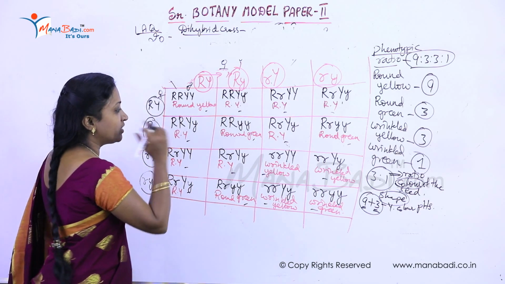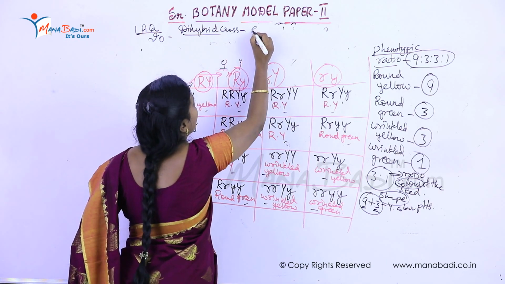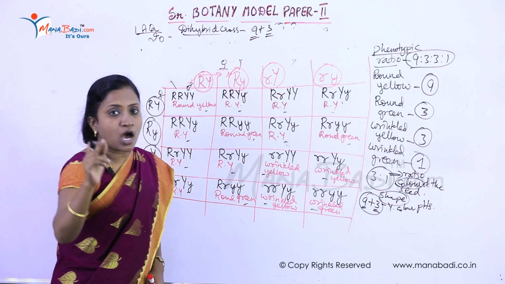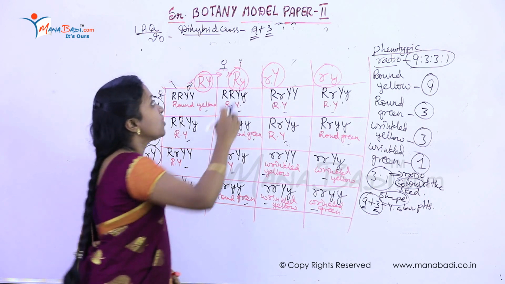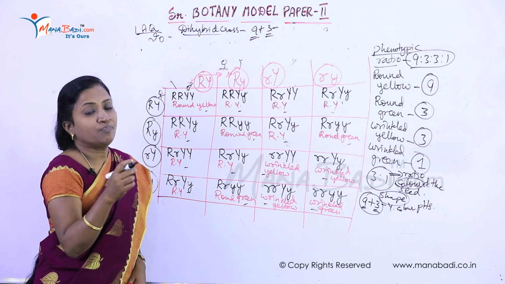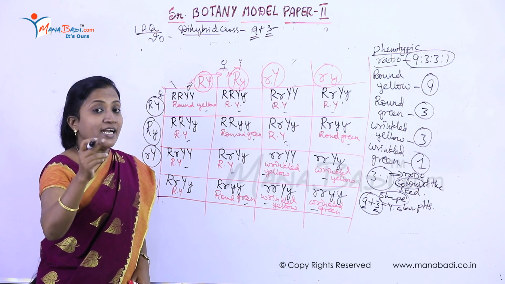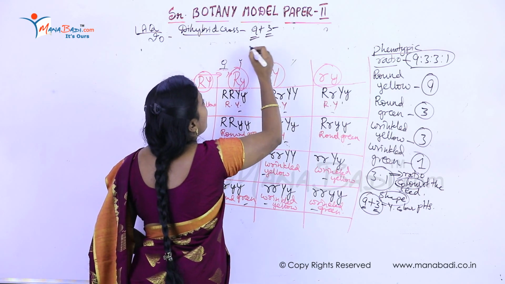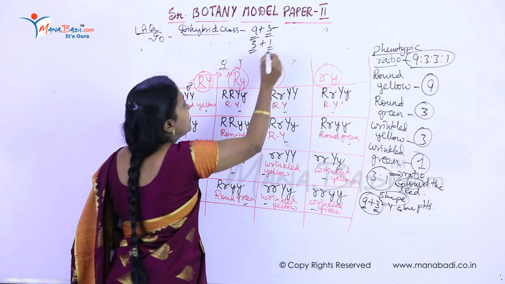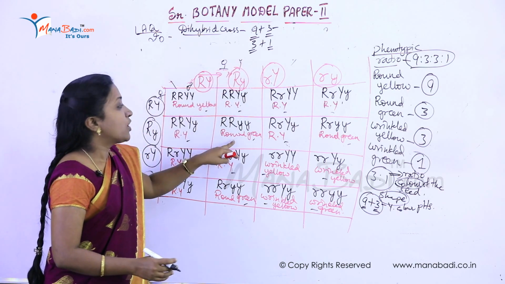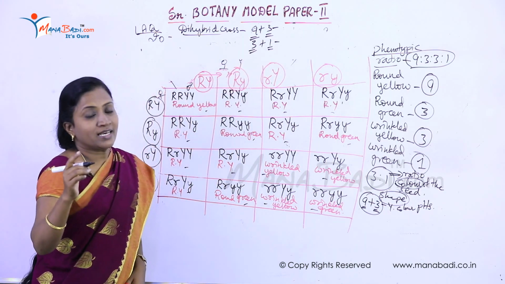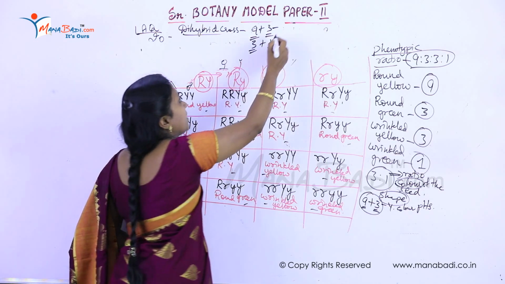Regarding the color, 9 plus 3: 9 are round yellow plants, and these 3 are wrinkled yellow plants. The rest, 3 plus 1: 3 are round green plants and only one is a wrinkled green plant.